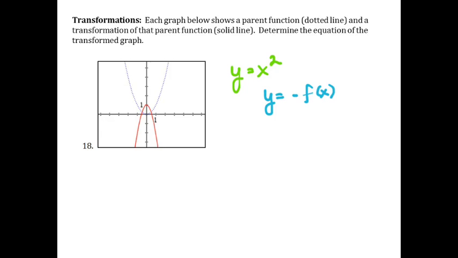Notice that the transformed graph is more narrow than the parent function. It's been vertically stretched, and so we're going to represent that transformation. We're going to multiply by 2, and that's going to vertically stretch our graph. So if we put those two together, y is equal to negative 2x squared.